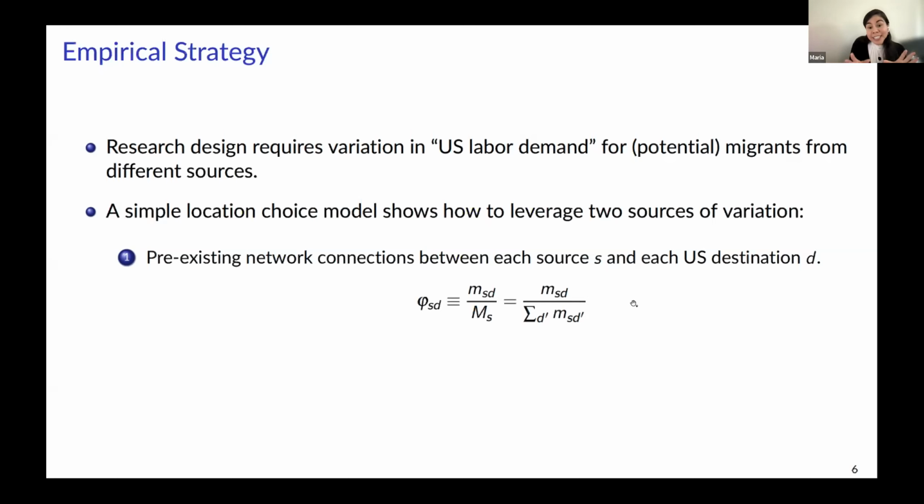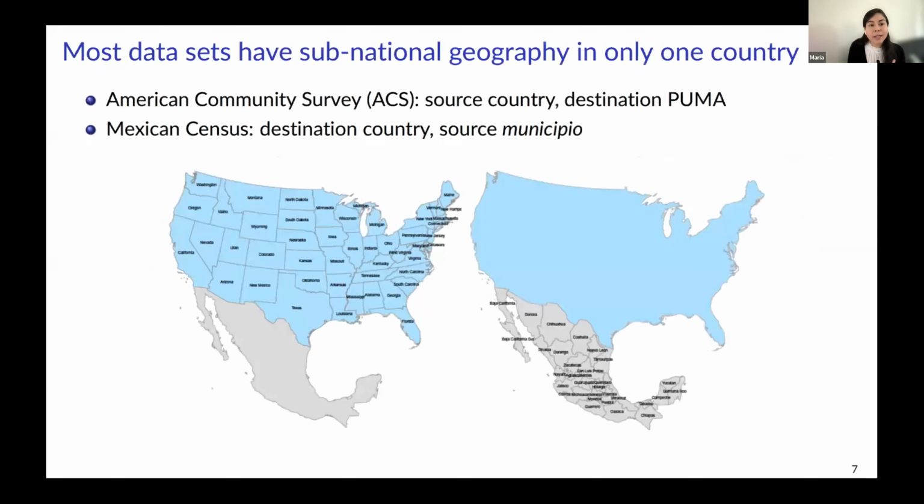Now, measuring this is really hard. And that is because most data sets available only provide subnational geographic information in one of the countries. So for instance, the American Community Survey, which is a survey that is developed in the US, only provides information on the place where migrants live in the US, but we only know that they are from Mexico.